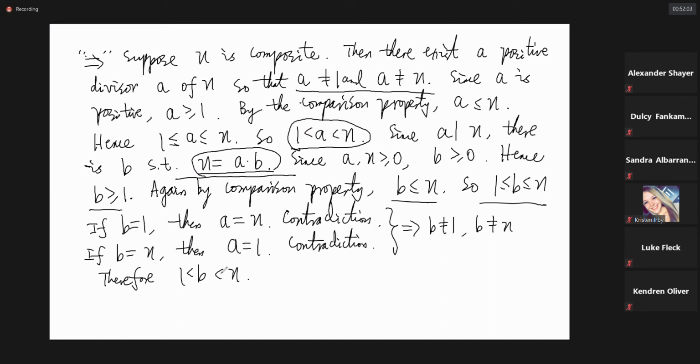Okay, so this lemma tells us an integer is composite if and only if you can find two numbers a and b both strictly between 1 and n, so that the product is equal to n.